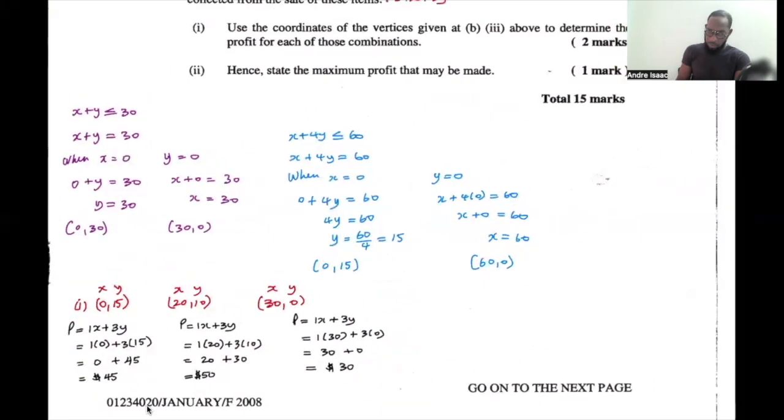So this is part C. This is part C1, and part C2 is here. Part C2 said, hence state the max profit that may be made.